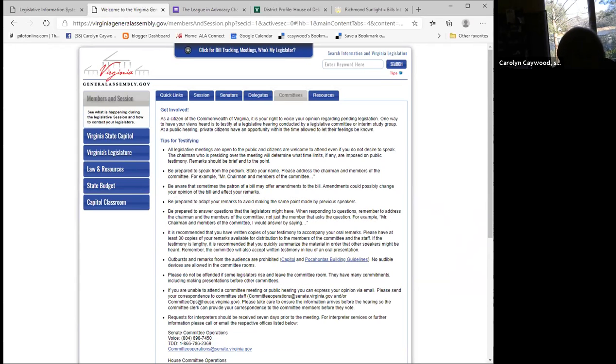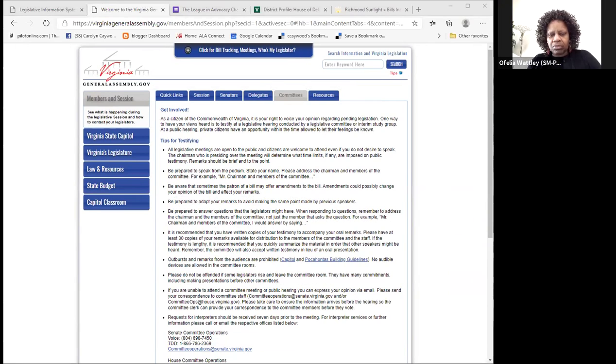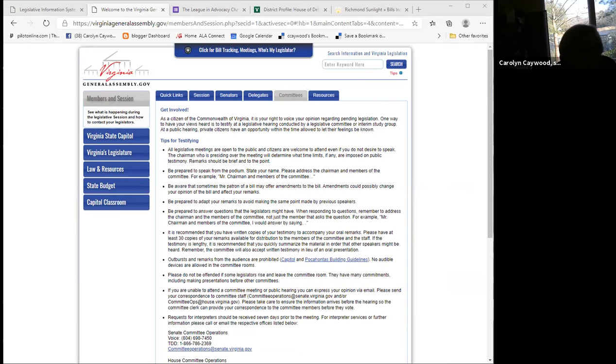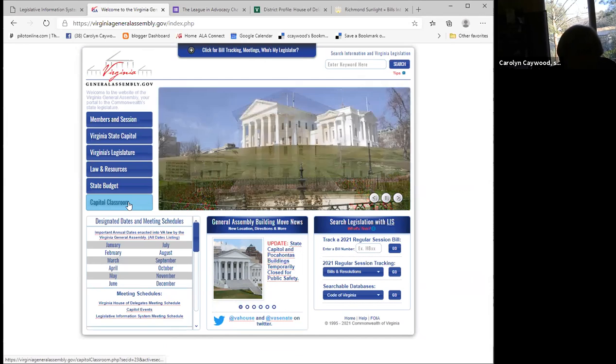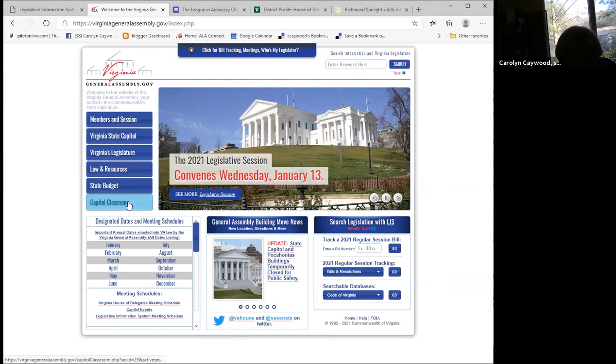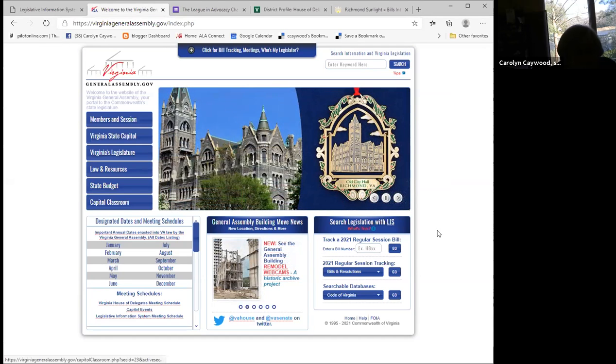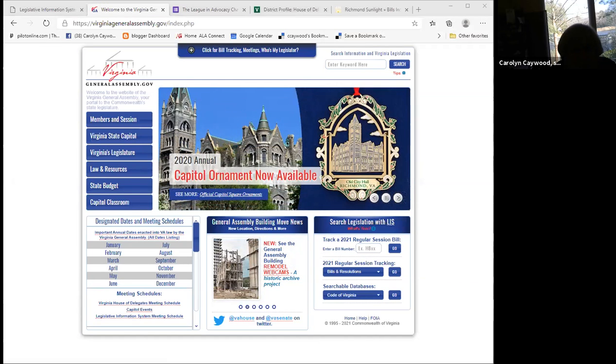Let's see if I covered all the things in my notes. Going way out to the beginning, Capital Classroom does provide school level explanations, if you at some point want something on the simple side.